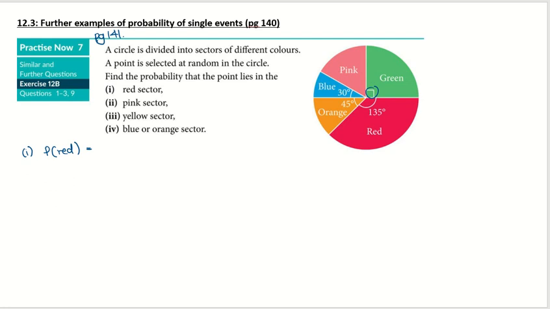Am I right? So since I know that the red sector is 135 degrees, the probability of landing in the red sector is going to be 135 degrees over the total, and that is the full circle, 360 degrees. Simplifying the answer, you get the value of 3/8 for the probability of the red sector.